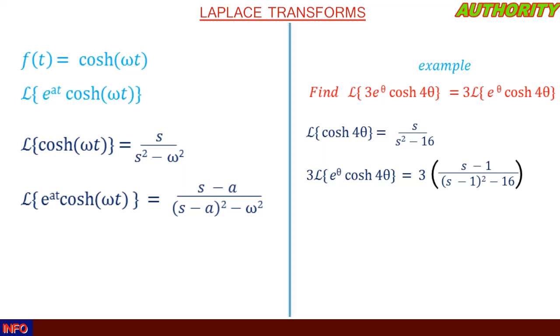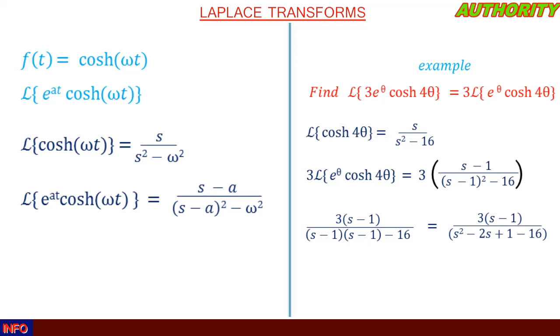All right, good. Now the 3 outside multiplies the numerator. We're going to have 3, open bracket, s minus 1, close the bracket, all over. In the denominator, we have s minus 1 in bracket squared. You open it: when you multiply the bracket, it's going to give you s squared minus 2s plus 1. Then we have minus 16.